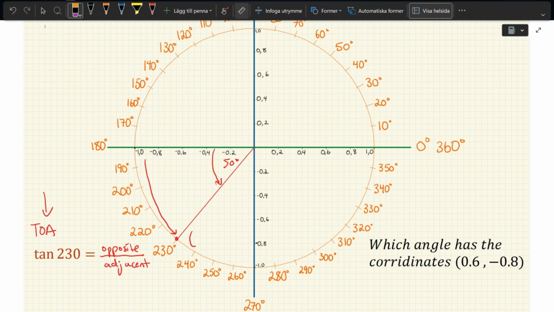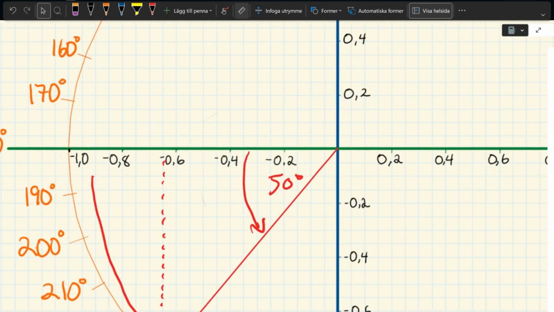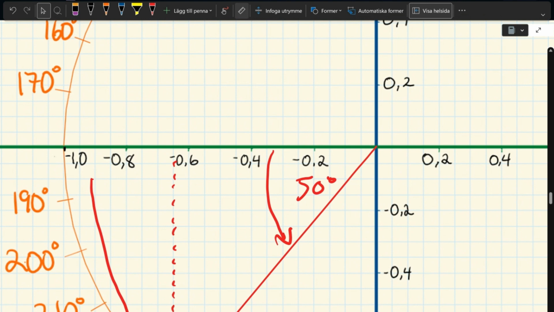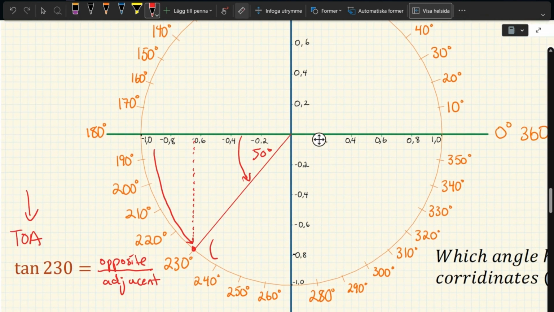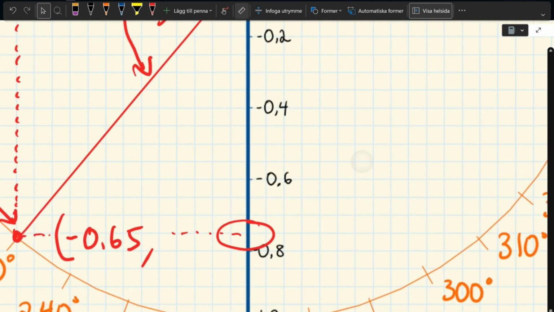We can see it's about negative 0.65. And along the y-axis, we can imagine if we look along, we have about negative 0.75.